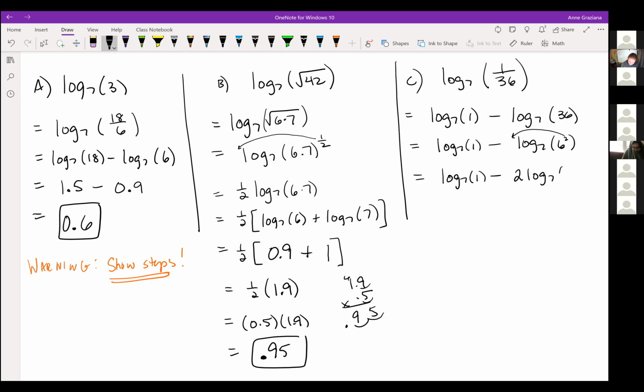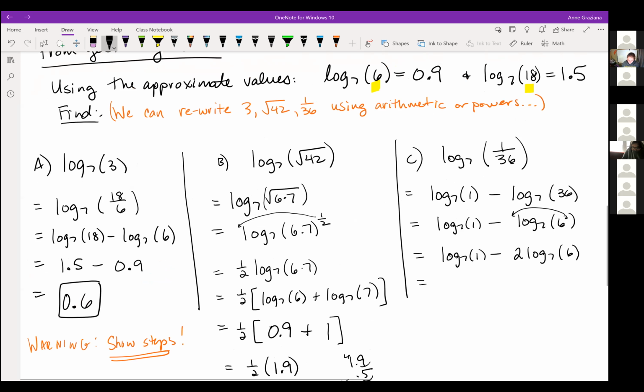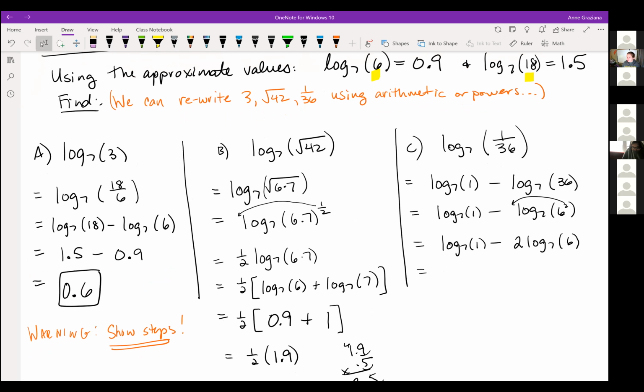How many people did it this way? This approach. Give me a thumbs up if you did it this way. 1, 2, 3, 4. Okay. All right. So then we can plug in our numbers. What's log base 7 of 1? What'd you get there, Abil? That's as far as I got. Okay.